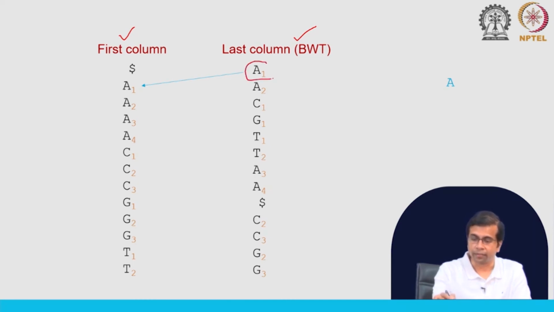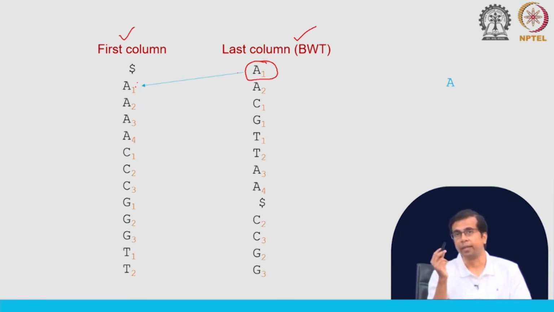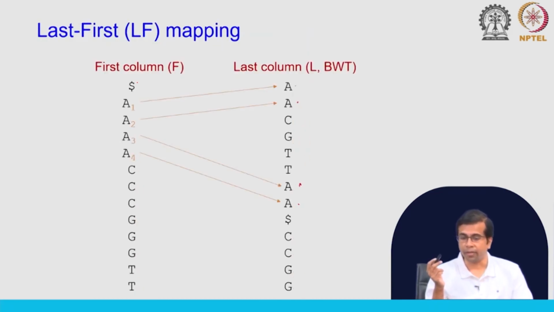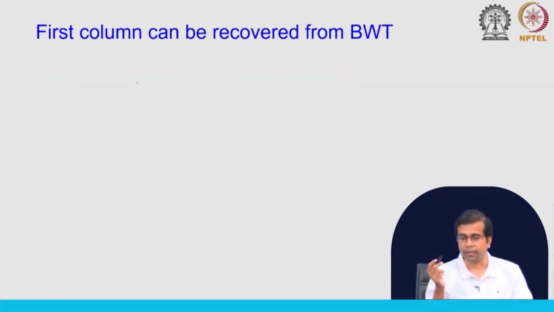So, we will start with this first letter in the last column, and we will map this to the corresponding A. So, this A1 corresponds to this one here, because of the LF mapping property. Now, what is the letter that is before this A? Remember, the string rotation we are doing in such a way. Maybe we can have a look at the matrix, and that will make things clear.